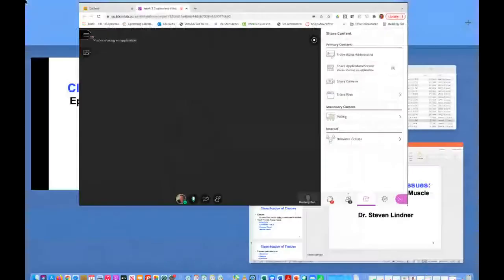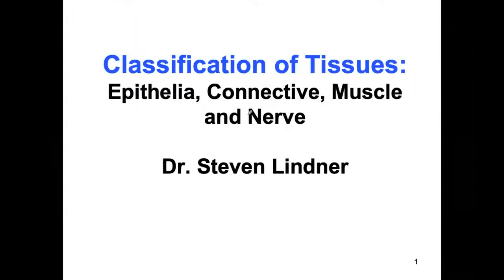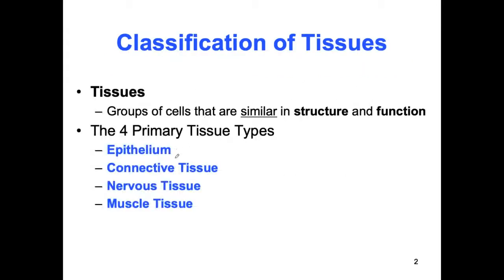In this video lecture, we are going to be talking about the classification of tissues. And when we talk about tissues, we're going to be focusing on four different types of tissues.